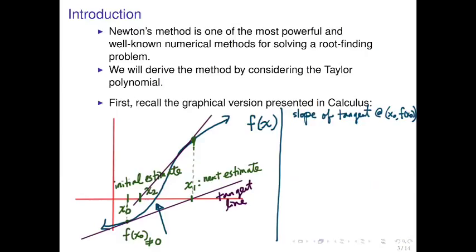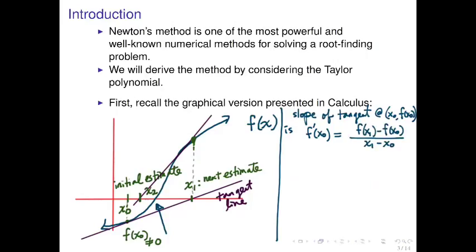First, we look at the slope of the tangent line at the first initial estimate x0, f of x0. Recall from calculus, the slope of the tangent line is given by the first derivative evaluated at the point of tangency, which is f prime of x0. And that is given by the change in the y value over the change in the x value.